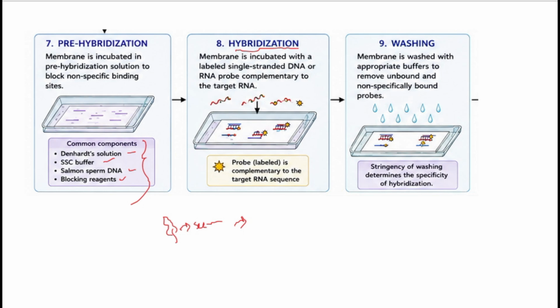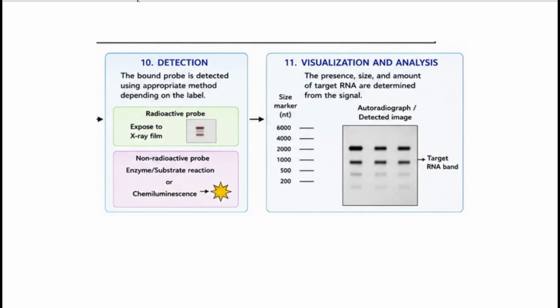Okay, the next step will be the detection. The bound probe is detected using an appropriate method depending upon the label. According to what kind of label we are using, the detection will be done, whether we are using a radioactive probe or a non-radioactive probe, or an enzyme substrate reaction, or chemiluminescence. The next step will be visualization and analysis.